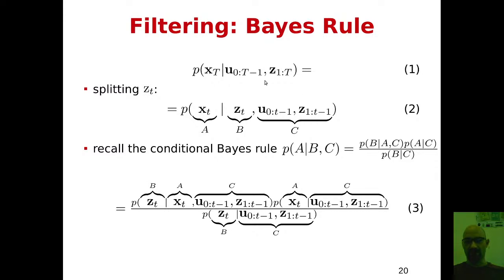Again, remember that this is a conjunction of events, basically conjunctions of facts, and the conjunction, so the "and", doesn't change its meaning if you just swap the terms. So we can easily take z of t and shuffle it before. And we end up writing the equation number 2.